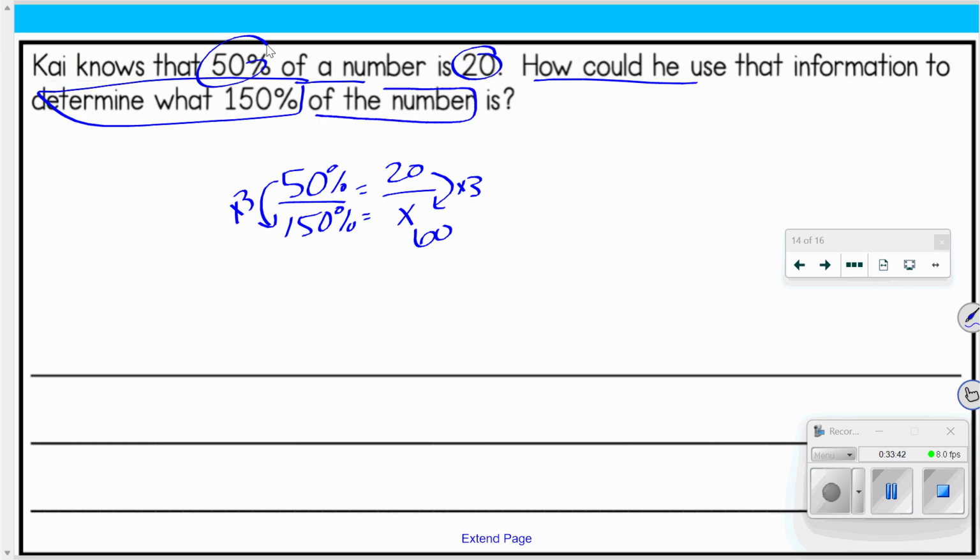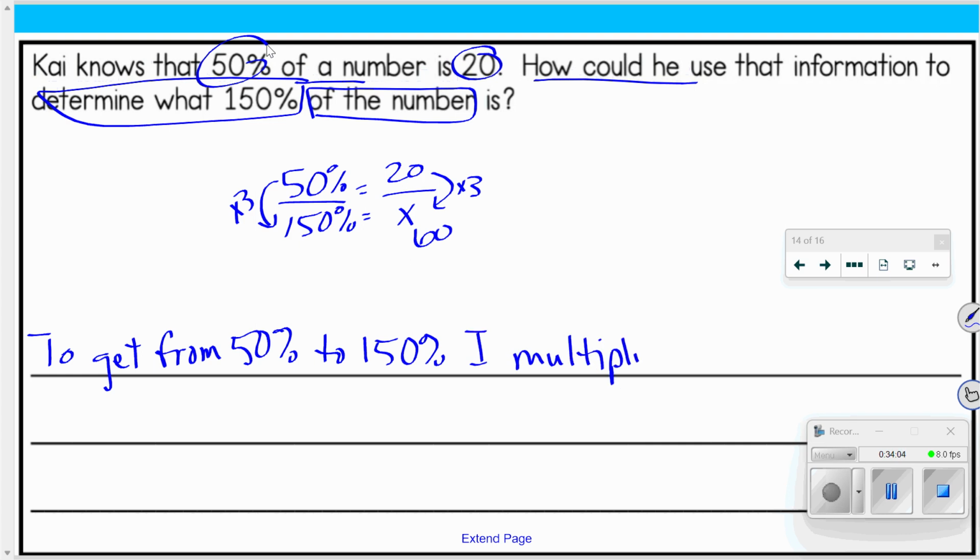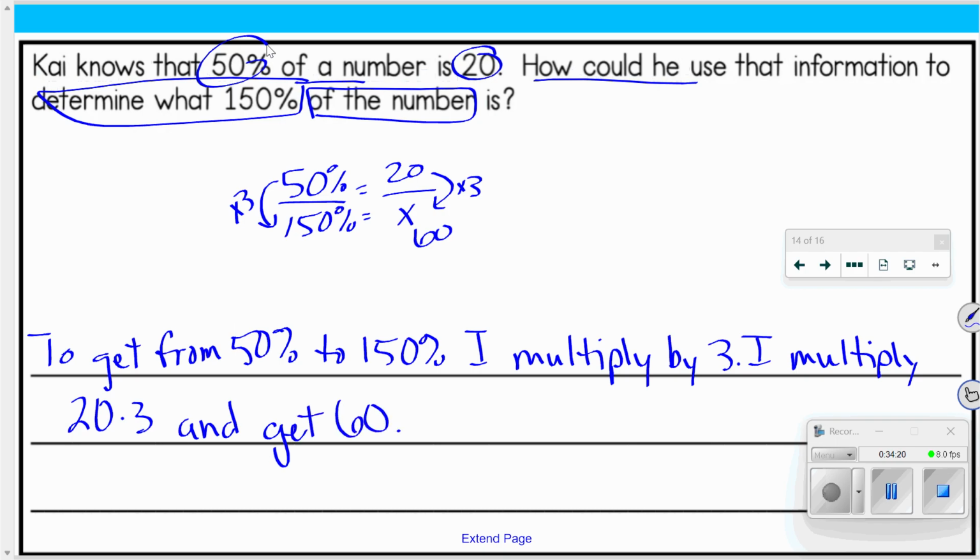Did it actually ask for the of? No. This is simply a reasoning one, guys. So to get from 50% to 150%, I multiply by 3. I multiply 20 times 3 and get 60. You were not required to find what that number was.